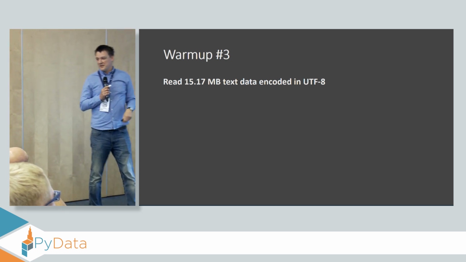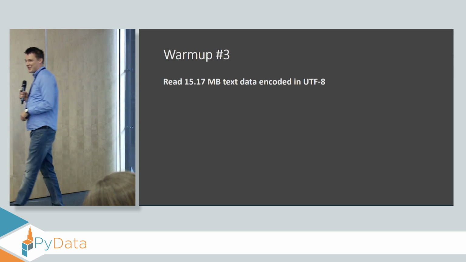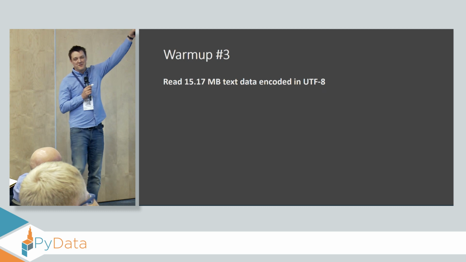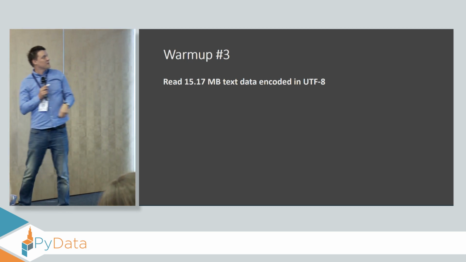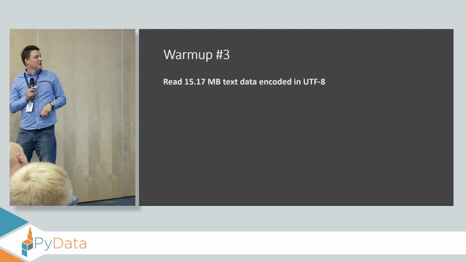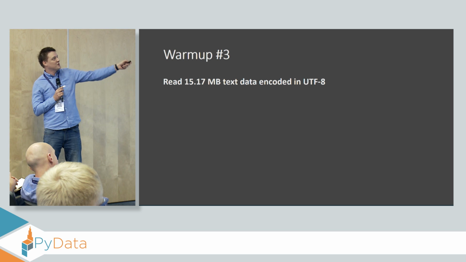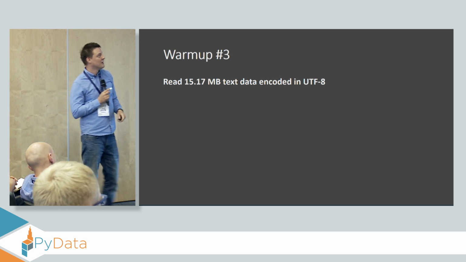Third takeaway, very simple. Actually, I added this one this morning. I had a file, not very big, but it's an issue of scaling, a file of 15 megabytes of UTF-8 string data. Of course, it could be not 15 megabytes but 15 gigabytes, it's no difference.